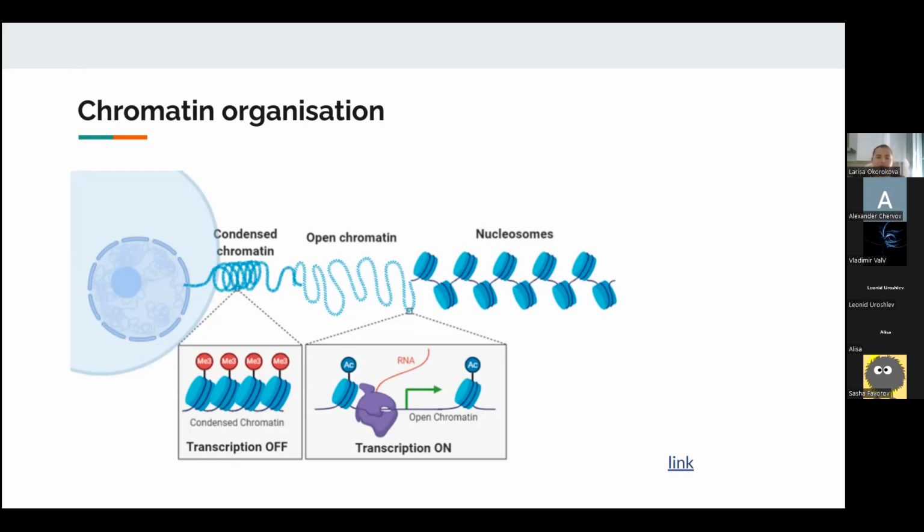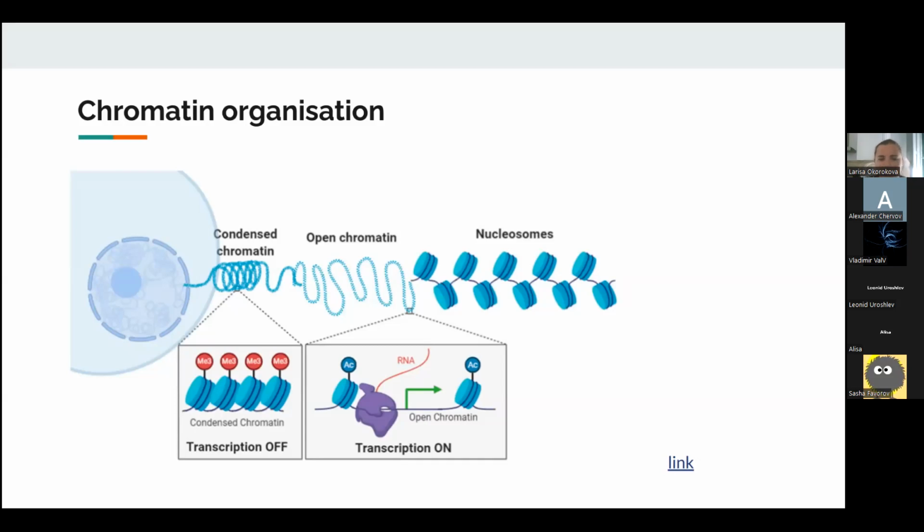These nucleosomes consist of special proteins, which are called histones, and that help us to organize everything. But we can also put some epigenetic marks on the histones and on the DNA itself. So that's why some genes can work and some genes cannot work in these particular conditions. But we are interested only in the state of chromatin right now.